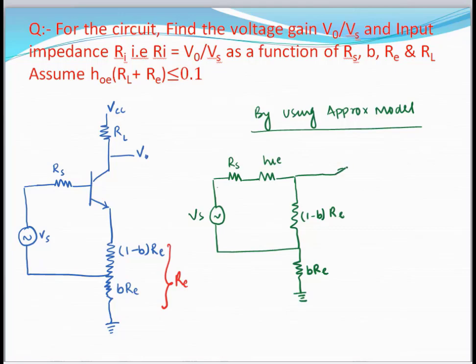There is a current controlled current source hfe IB, and this RL is connected with the collector, and the other end is grounded because it is connected to VCC. So this is RL, and this is V naught.